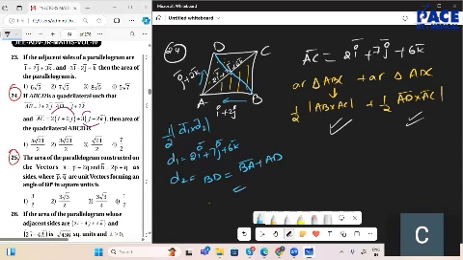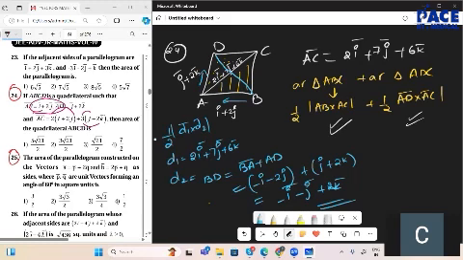I have BA or AB? I have AB, isn't it? So BA is nothing but minus of AB. So minus I minus 2J plus AD, which is J plus 2K. Clear? So now it is nothing but minus I minus J plus 2K. Clear? So I have my diagonal 2 also.